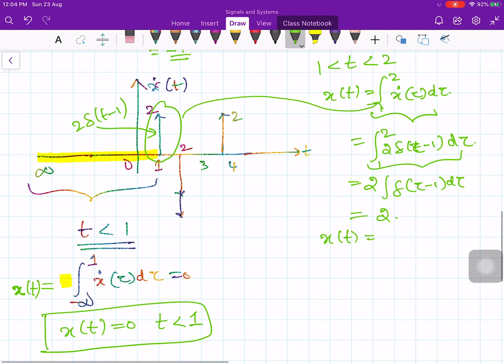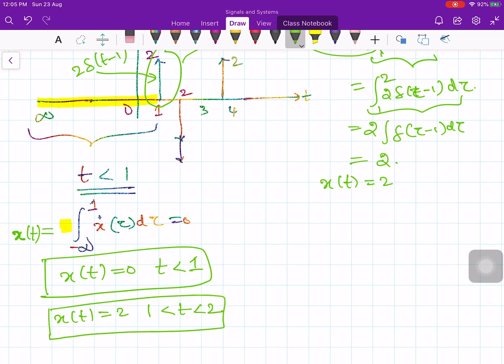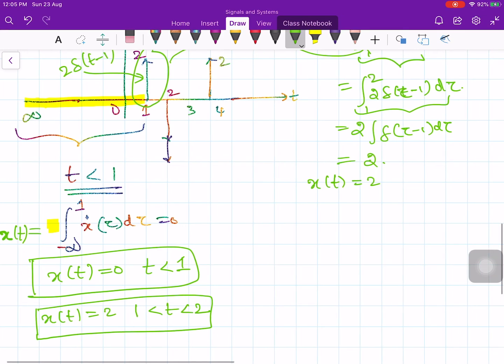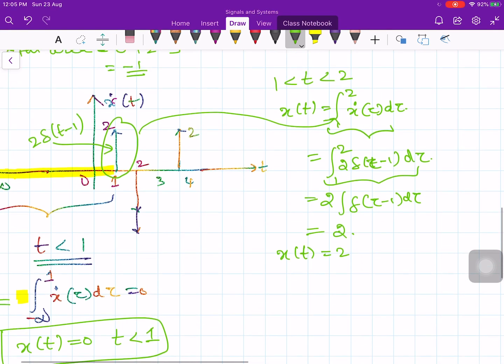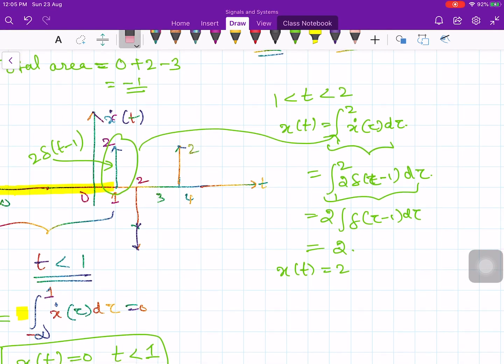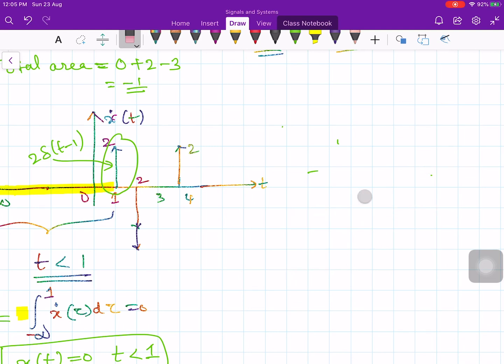Let me write down here. x of t is equal to 2 if t is between 1 and 2. Now let us consider another interval, like I said, 2 to 4.